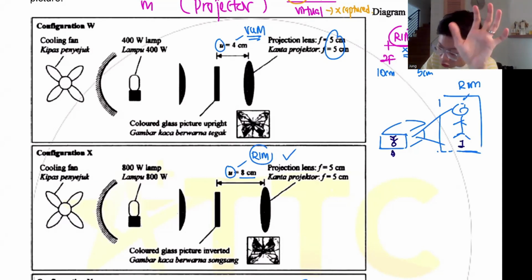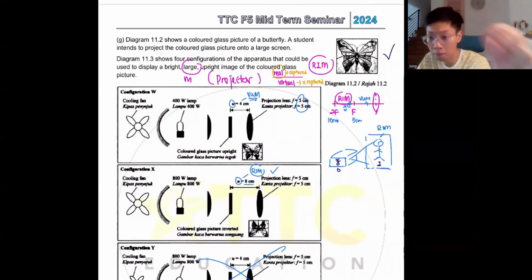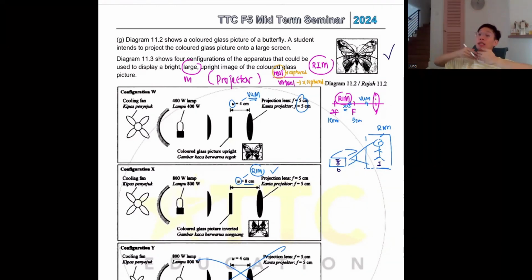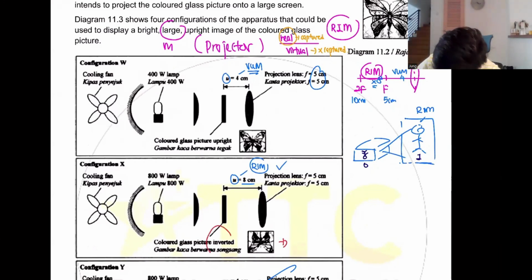So if you want to show this butterfly on the screen like this, the moment your butterfly is inside the projector, it has to be an upside-down butterfly. Understand? So this one has to be inverted. Why does this thing have to be inverted?